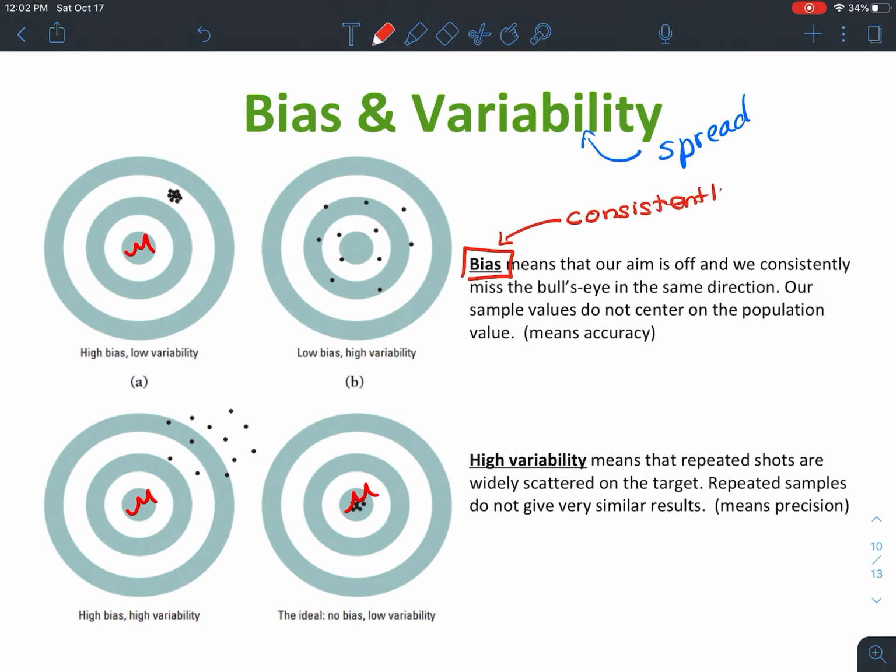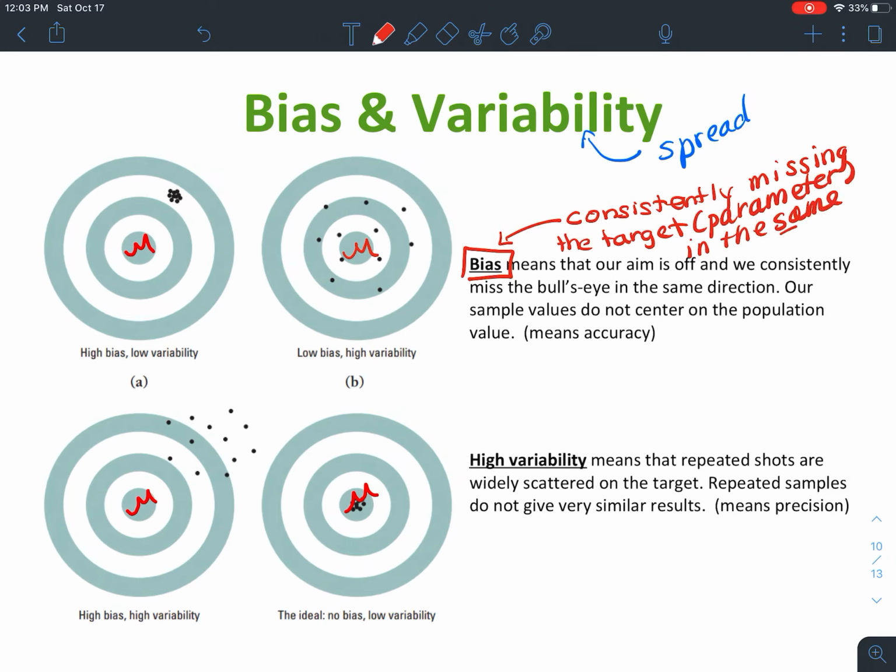When we're talking about bias, this is when we are consistently missing the target, but we don't stop there. It has to be consistently missing the target. By the way, for us, the target would be trying to figure out where that true parameter of the population is, whether it's the mu or the p, the population proportion, but it's consistently missing that.